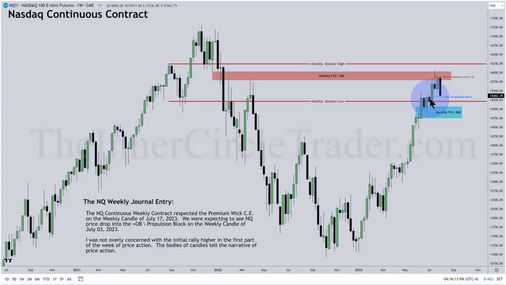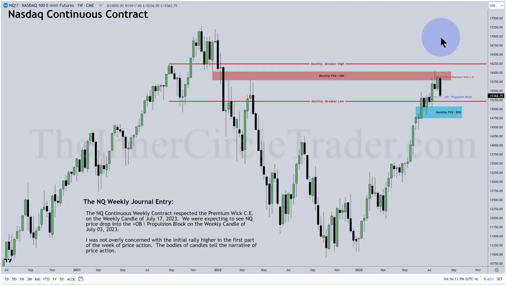Mean threshold. So we want to see, does price show sensitivity there? That's what I'm having annotated. So I want to see what we do there. We also have a fair value gap there. You can annotate that. I'm just mentioning it here because I want to keep the chart cleaner. So because we have that gap, because we have an order block and a propulsion block, we might have sensitivity there this week coming up.